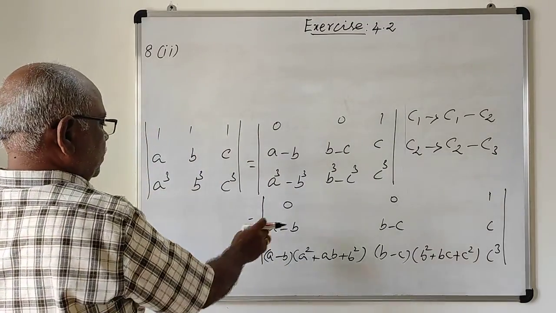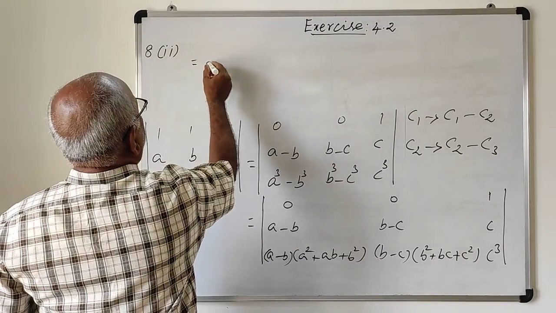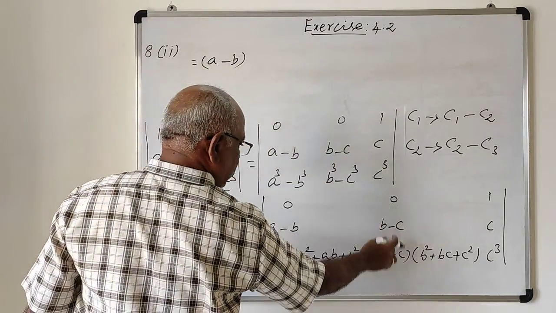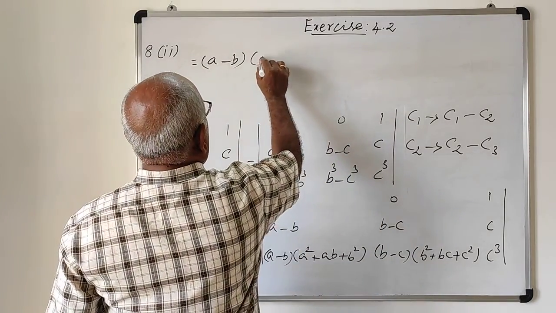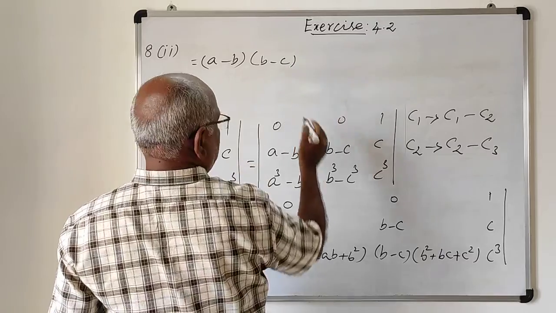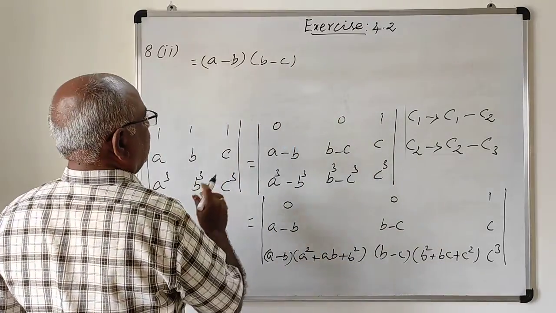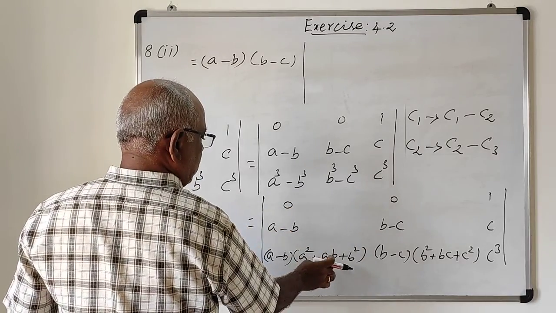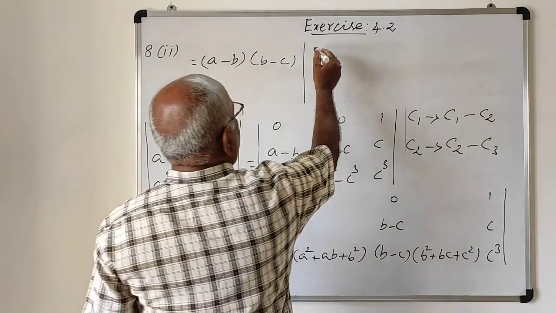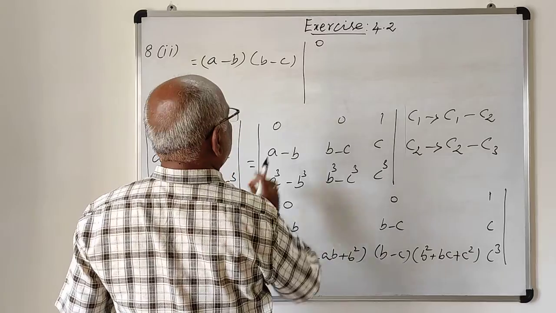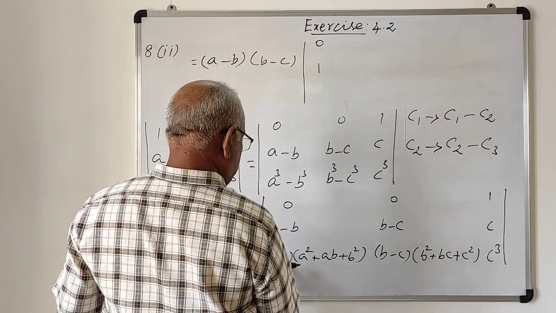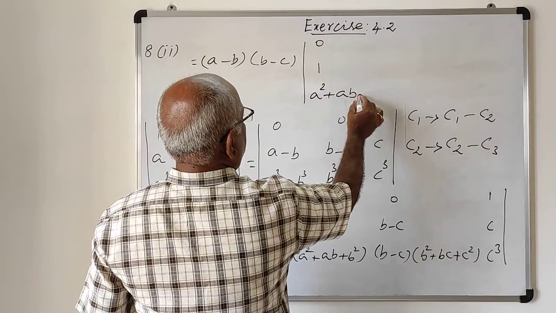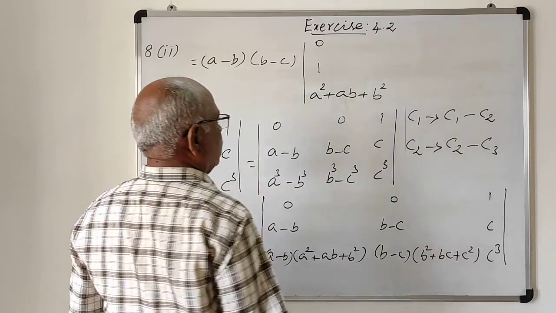In the first column I take a minus b out, and from the second column, all the elements are multiplied by b minus c, therefore I take b minus c out of the determinant. Therefore I get 0, 1, a square plus ab plus b square as the first column.